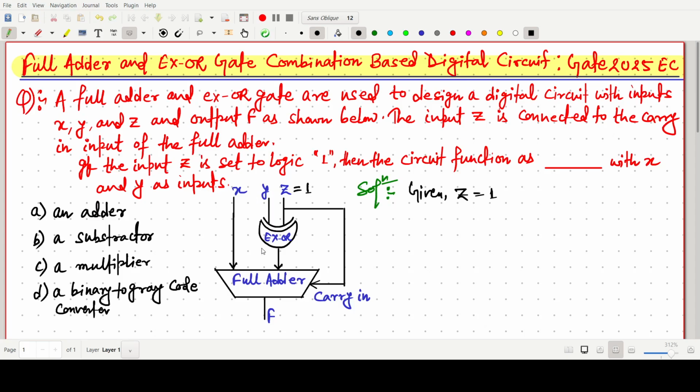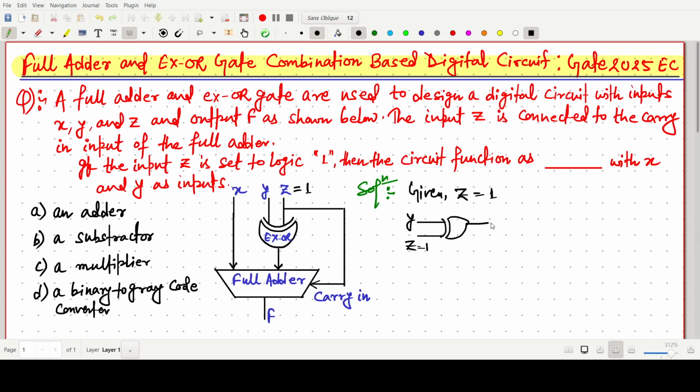First we have to look at the circuit, which has an XOR gate. In that XOR gate, one input is Y and the other input is Z, and Z is given as 1.